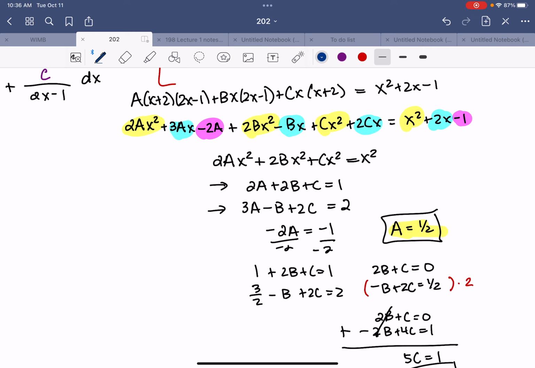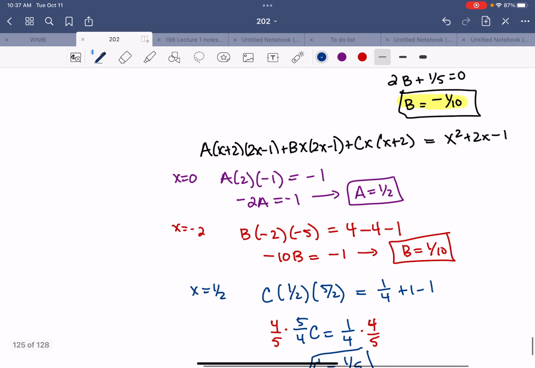And that came from this first equation. Okay, let me make sure that I'm not negative down here.